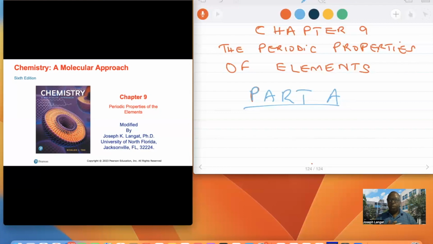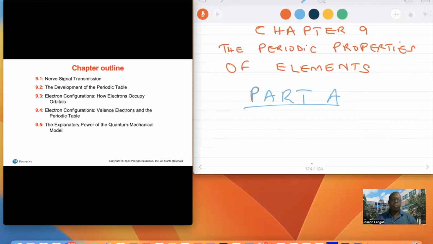When we talk about periodic properties, it means periodically there are some recurring chemical reactivity and physical properties of those elements. In Chapter 9, I will cover section 9.1 all the way to 9.9.